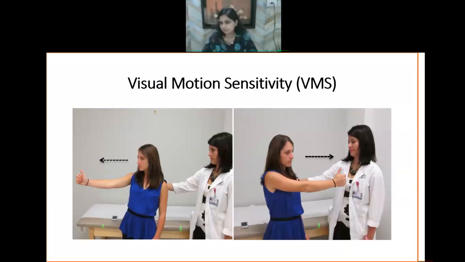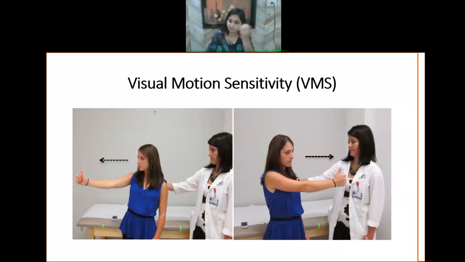Visual motion sensitivity: I told you about it. If patients say that when the background moves or stimuli move, like when they watch TV, they feel dizzy, we can definitely try the visual motion sensitivity test for those patients and plan your rehab.